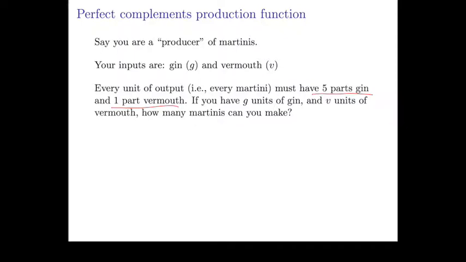So if you have G units of gin and V units of vermouth, how many martinis can you make? Well, you can make this many. Let's break that down a little bit. For every martini I make, I need 5 parts of gin. So let's suppose I had an unlimited amount of vermouth.